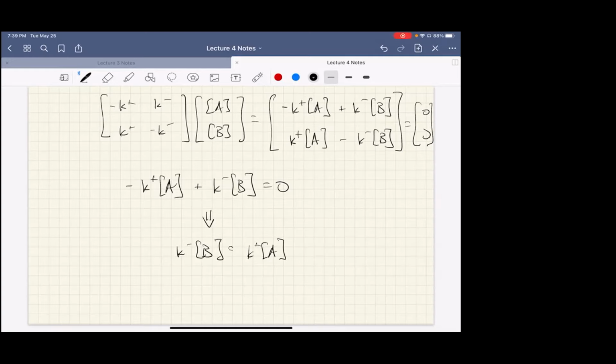If I know the concentration of A, then the concentration of B is K plus over K minus times A. And you can manipulate that in various ways.